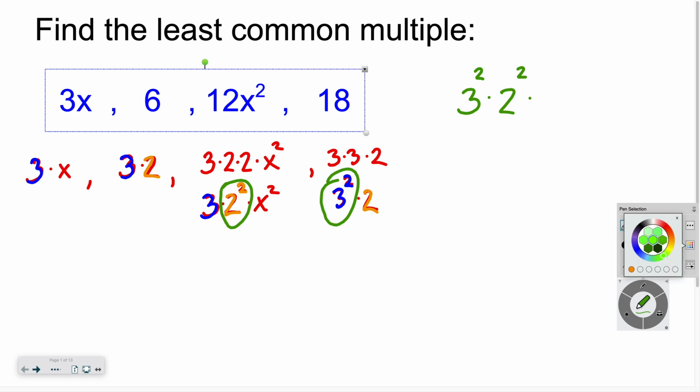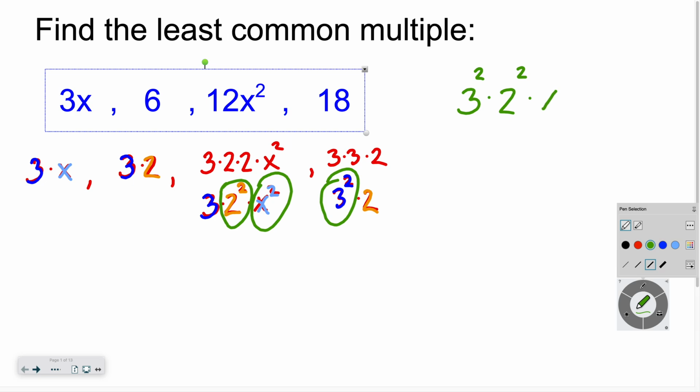And then we go one more time and look at, what's the other factor? X, right? So we've got an x to the first, no x in the second term, but then we have an x squared, and no x in the third term. So out of the 2 x's we just looked at, x squared is the largest power, so we have to use that one.